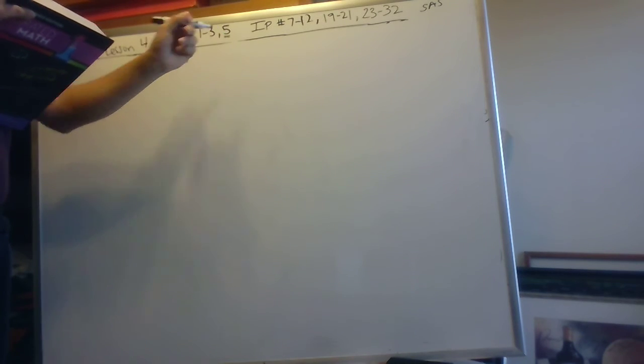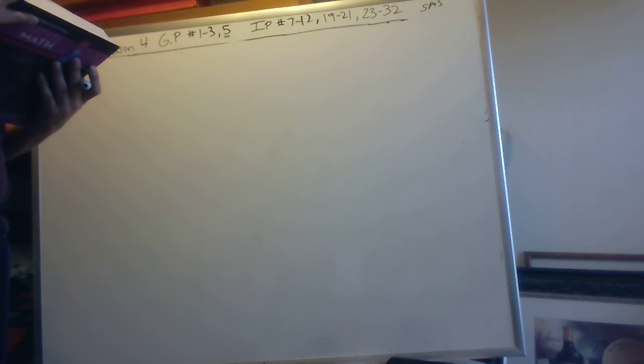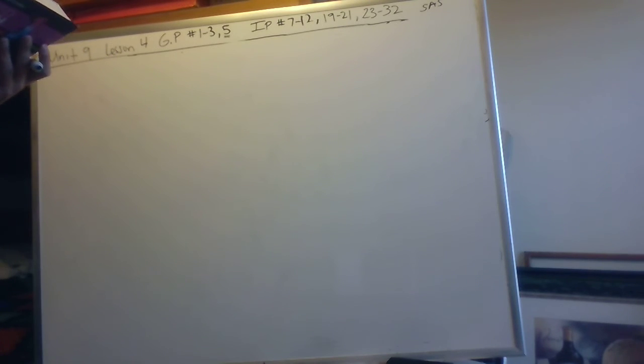Make sure you go back to problem 5 in the guided practice that I just posted online yesterday and really pay attention to the steps. That's the identical type of problem that problems 19 through 21 are, but I've noticed that there are problems like 30 through 32 that were not in the guided practice.